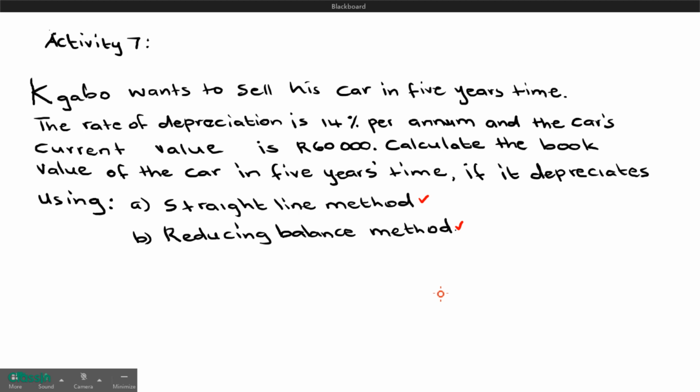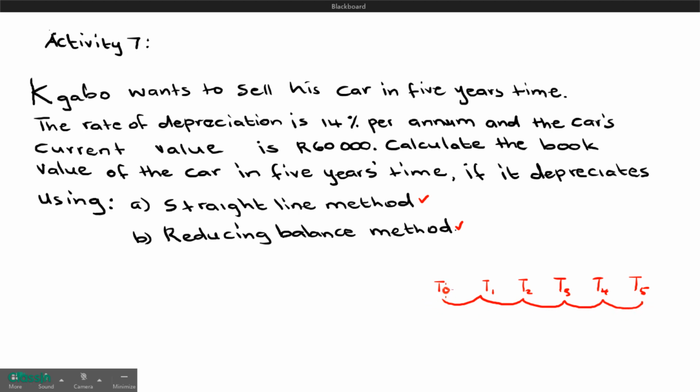So for a period of 5 years, normally we do a timeline: T0, T1, T2, T3, T4, and T5. So meaning that if we count, 1, 2, 3, 4, 5 years.